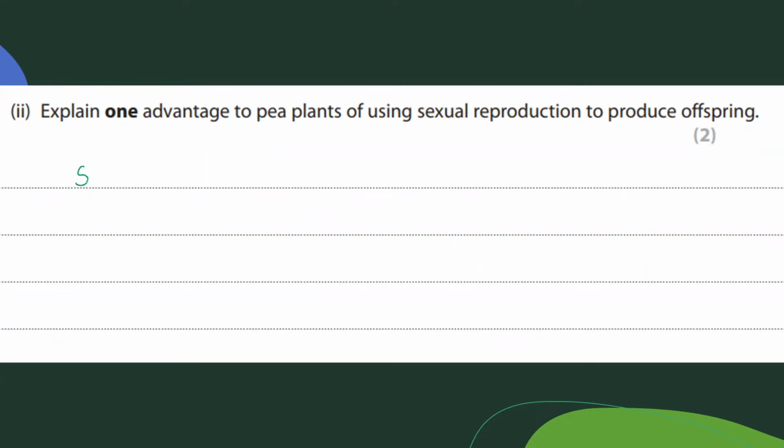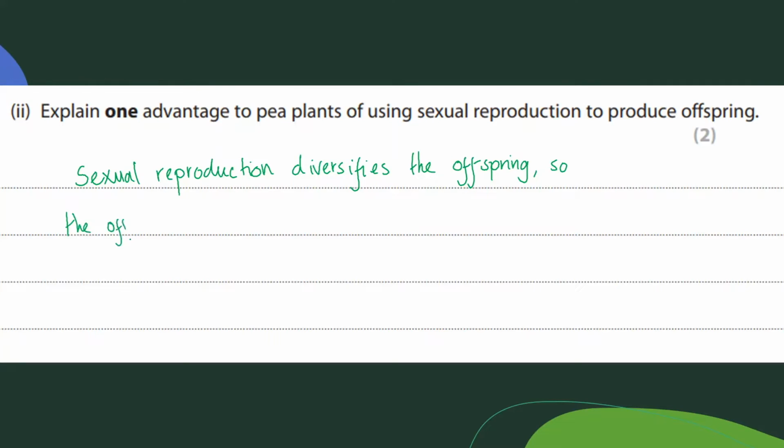With sexual reproduction, you have 2 different plants, and the sexual reproduction diversifies, so the offspring are not clones. The offspring are all genetically different, and different to their parents.